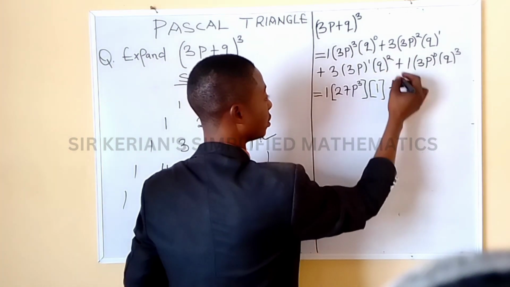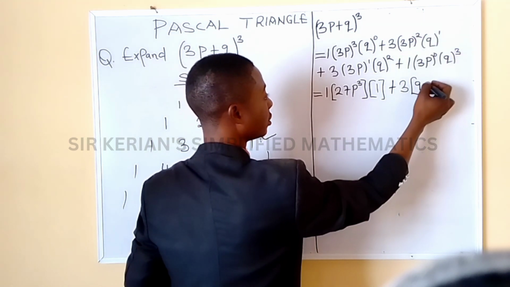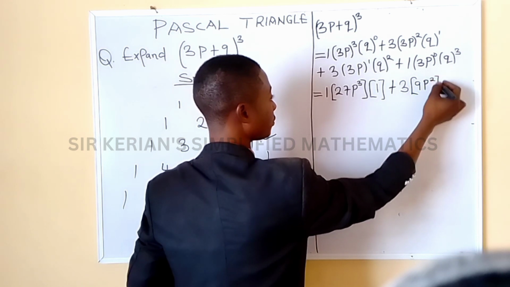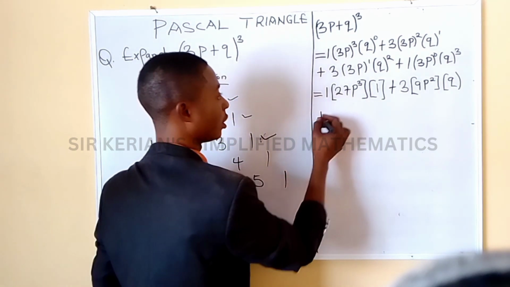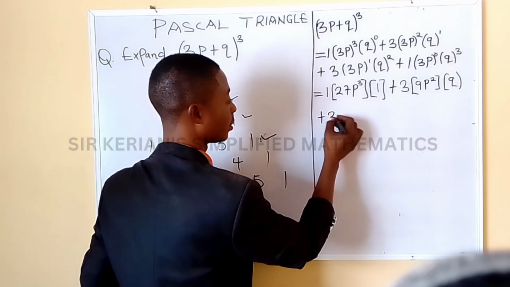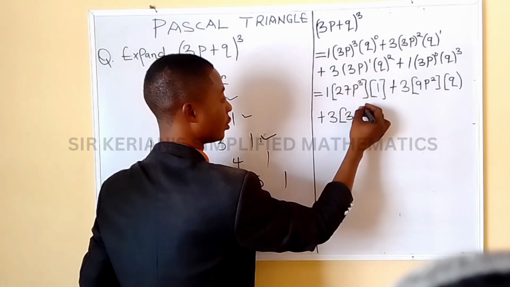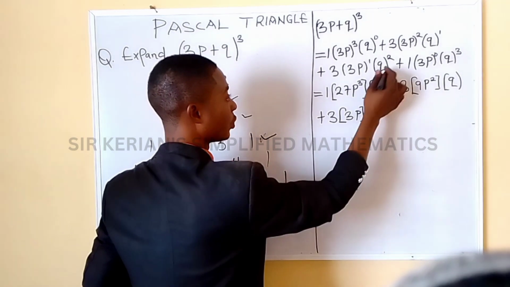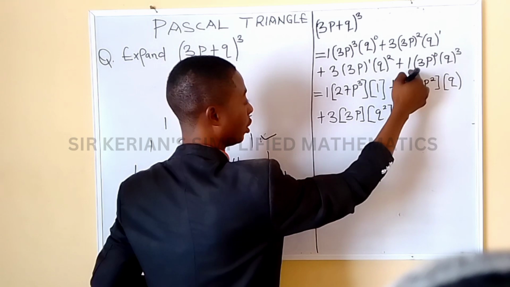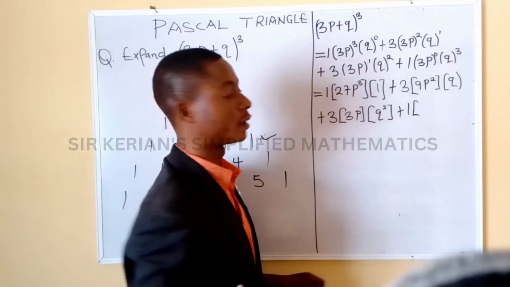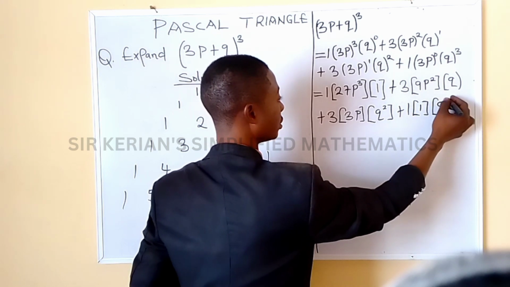Plus 3 times 3 squared, which is 9, p squared, q to the power of 1 is still q. Plus 3 times 3 to the power of 1 is still 3, p to the power of 1 is p, q to the power of 2 is q squared. Plus you write your 1, 3p to the power of 0 is 1, q to the power of 3 is q cubed.